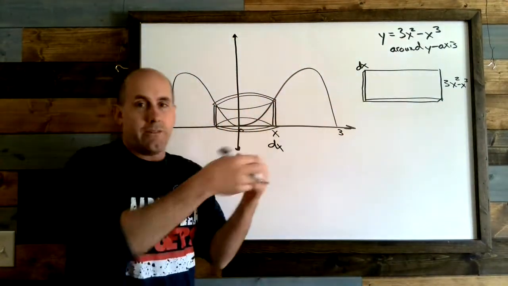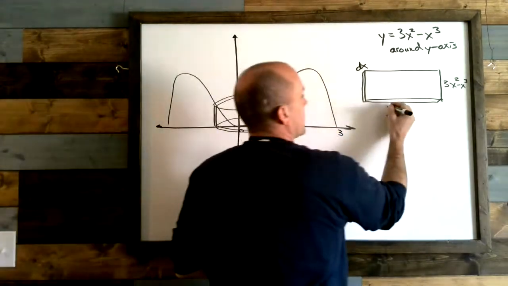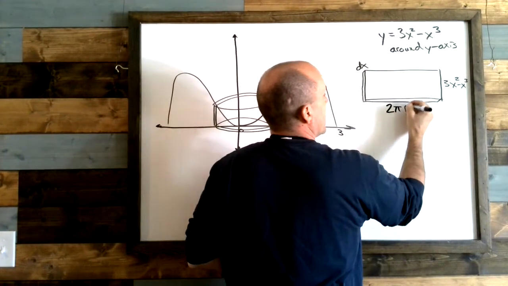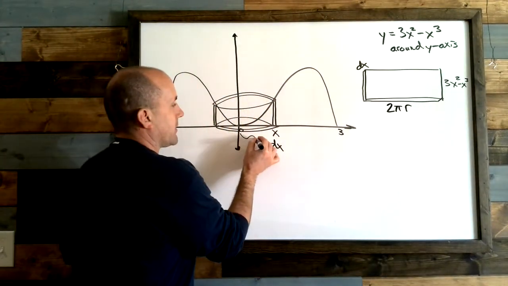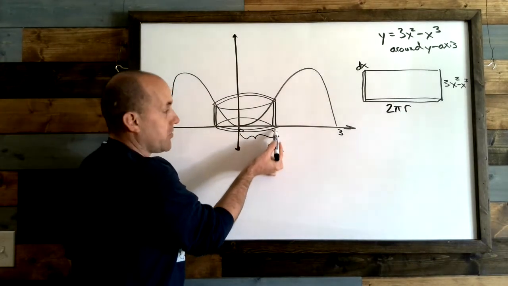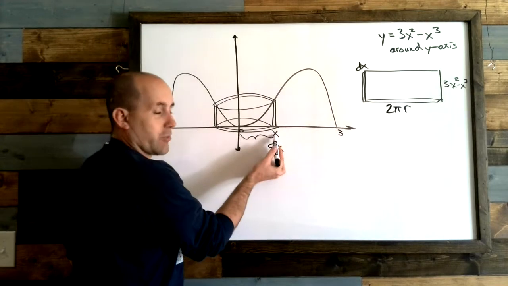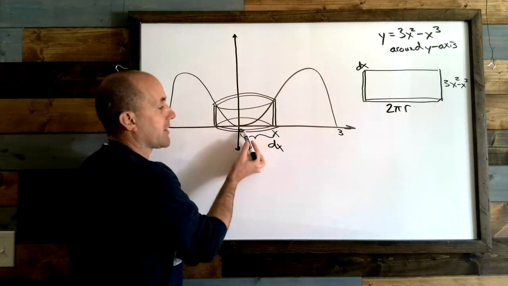Well, the length of that label is the same as the circumference. Circumference is 2 pi times your radius. And in this situation, look at the radius. The radius is the distance from whatever x value you choose, something between 0 and 3, some x value, and 0. What's the distance between x and 0?